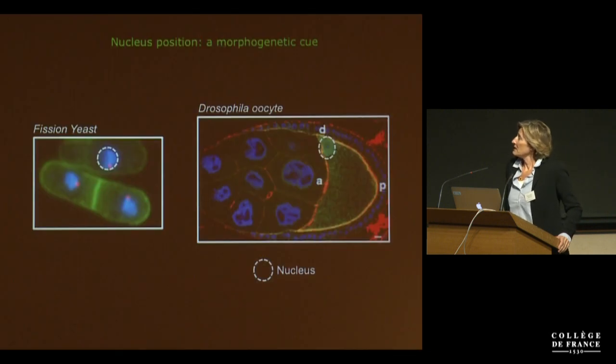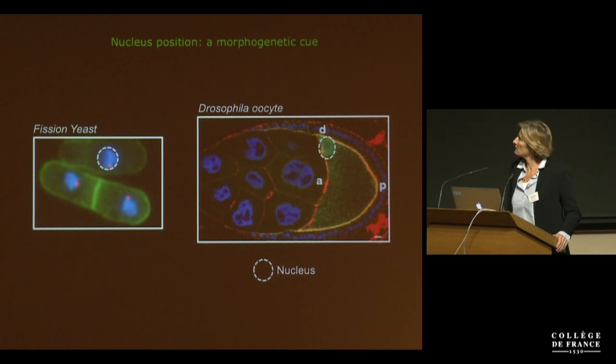And so in many cells, the nucleus and the nucleus position can act as a morphogenetic cue, providing both spatial and temporal information to the cell. So for example, in fission yeast, the position of the nucleus will define where the septum will form, and this is very important for the cell to equally partition its cytoplasm and its DNA into the two daughter cells.